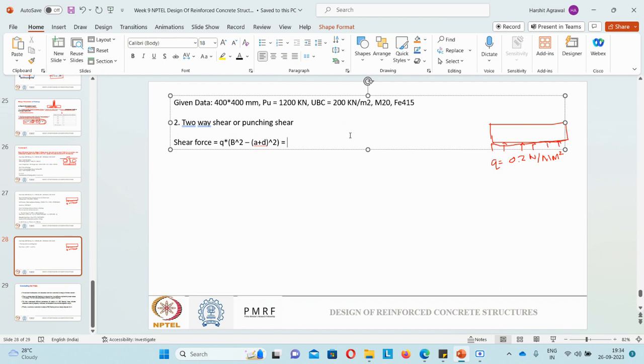So we know q is 0.2 Newton per millimeter square, B is 3100, so 3100 square minus a, which is 400, plus capital D, which is 550. So 400 plus 550 is 950 square.